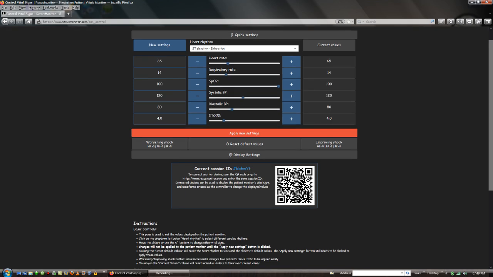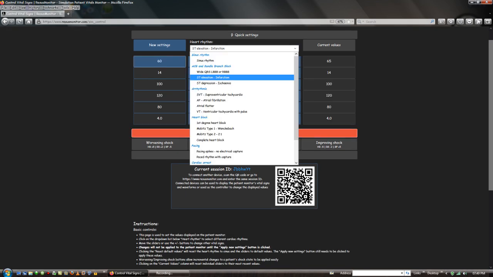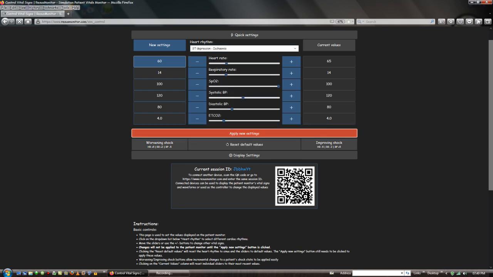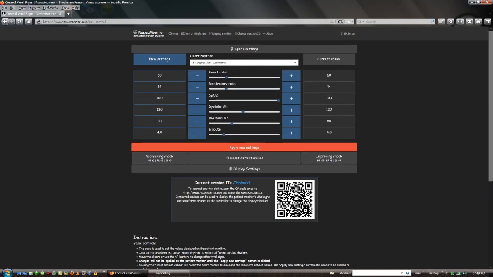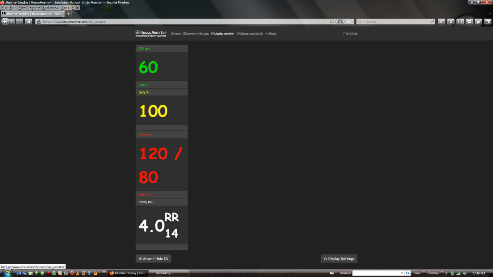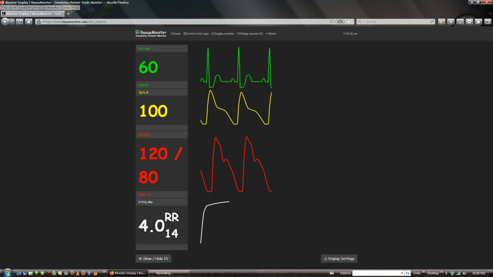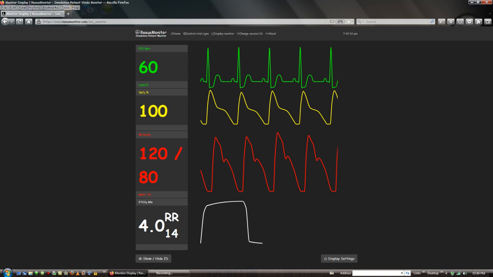We're moving on to the next rhythm, which is ST depression. ST depression is an EKG rhythm.